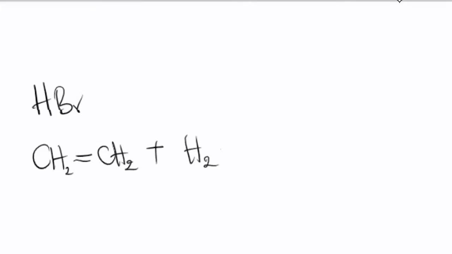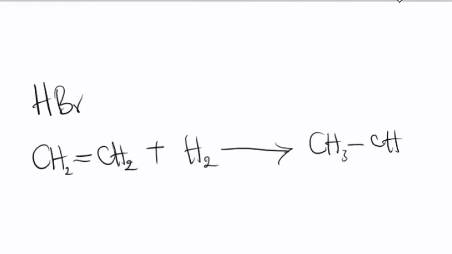So for instance, if I have an ethene here, now if it should react with this, it will yield a saturated compound, that is a compound without a double bond.